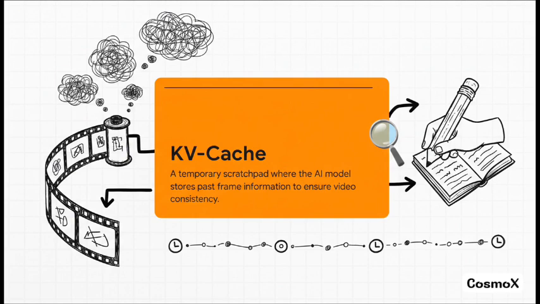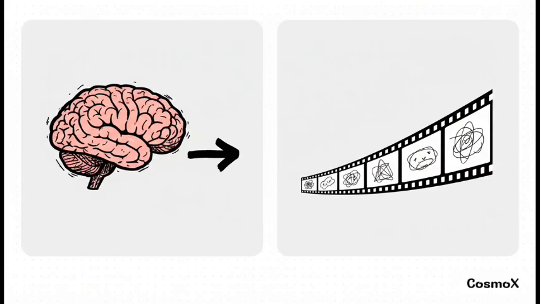And of course, the longer the video gets, the more notes it has to write down. Now here's the crazy part. The AI model itself, the brain of the operation, that's a fixed size. It doesn't change. But this KV cache, this scratch pad, it just keeps growing with every single frame. It balloons in size until it's just completely out of control.